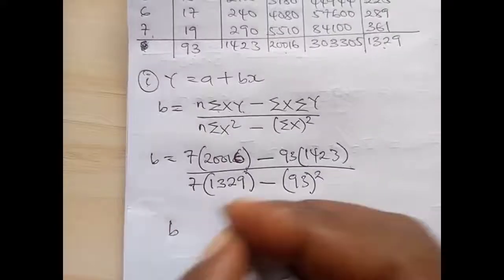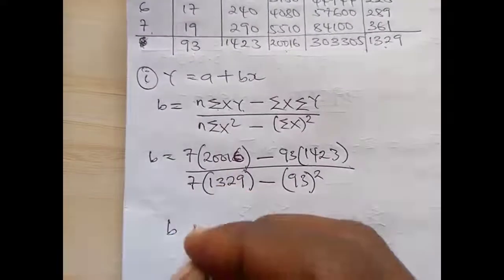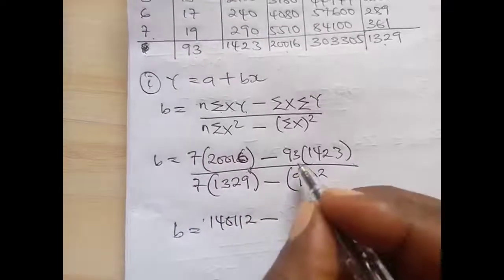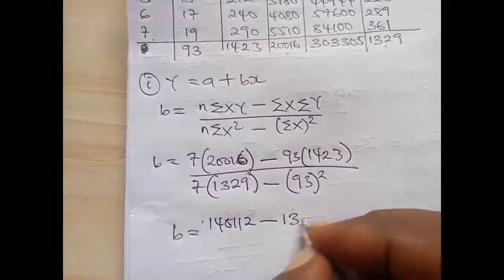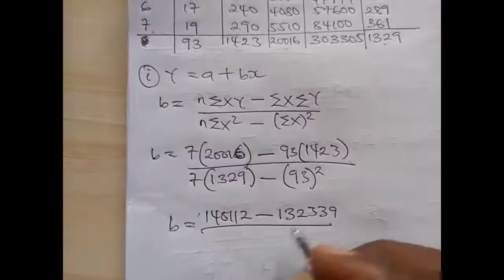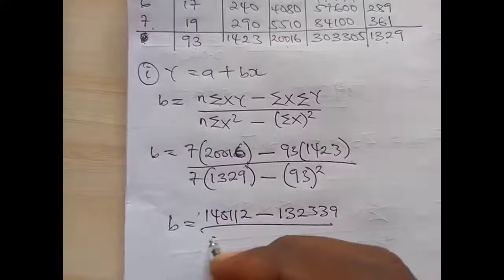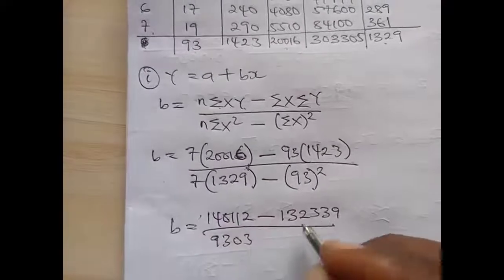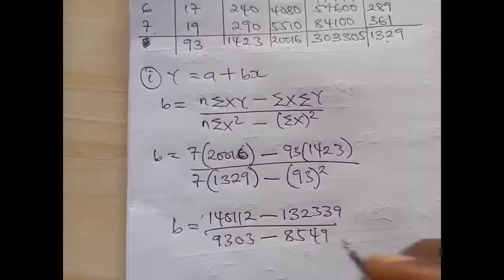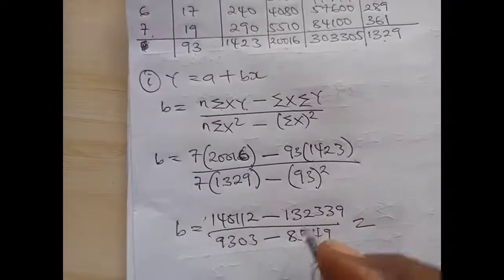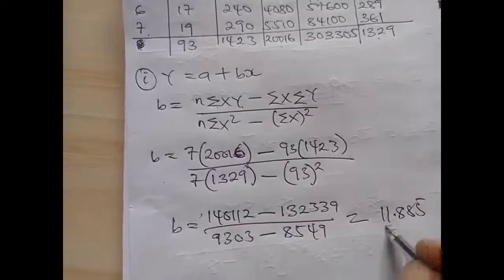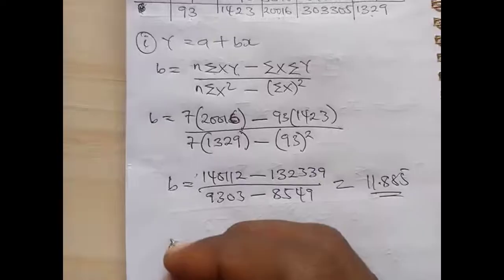If we resolve all of that, this times this is going to give us 140112, minus this times this, which is going to give us 132339. Over the down, this times this gives us 9303, then this other side gives us 8549. If we resolve this, subtract and divide, we're going to get 11.885 as our b.